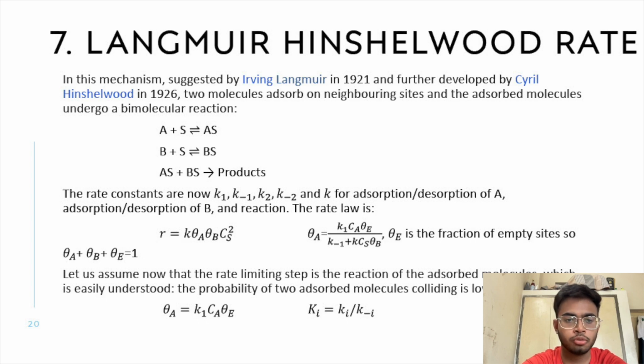The rate law is obtained as R is equal to K times theta A times theta B times concentration of S squared, where theta A plus theta B plus theta E represents 1, because these are the total mole fractions. Now let us assume that the rate limiting step is the reaction of adsorbed molecules, which is easily understood.